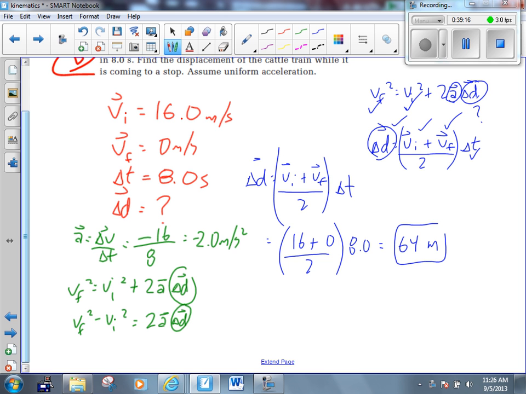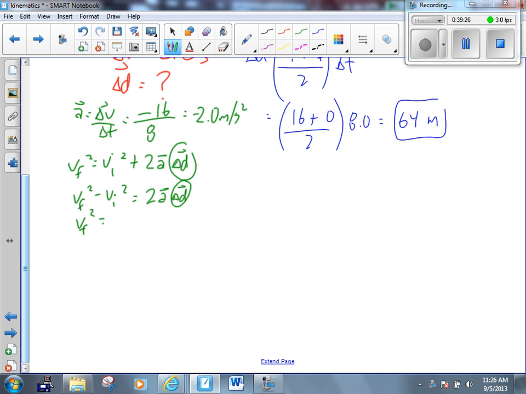They're multiplied by D, so I divide, right? So it becomes VF squared minus VI squared over 2A equals D. Now that looks a little bit ugly, but let's plug our numbers in here and see what happens.